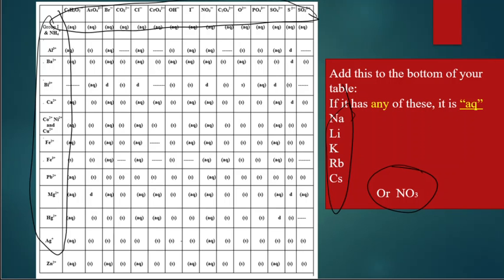So, Caterina, when you're doing these things and you start looking for nitrate and you can't find nitrate up here, should you freak out? No. You should remember, hey, he said something about something always being aqueous. So you look down at the bottom of the chart, and do you see it? NO3 is always aqueous.